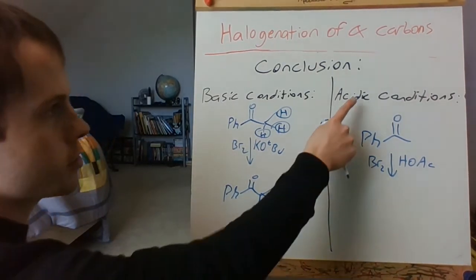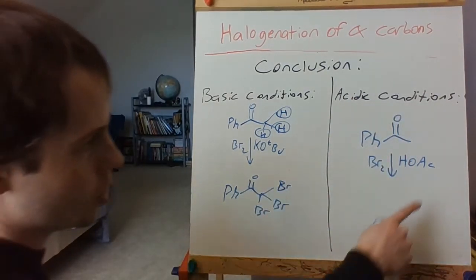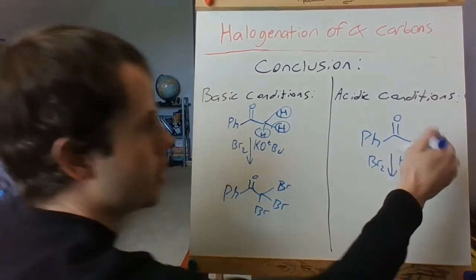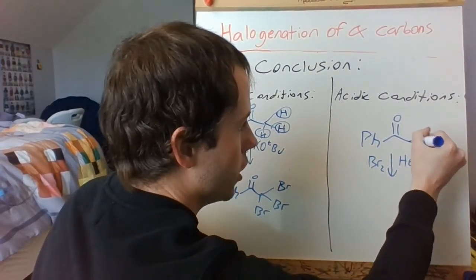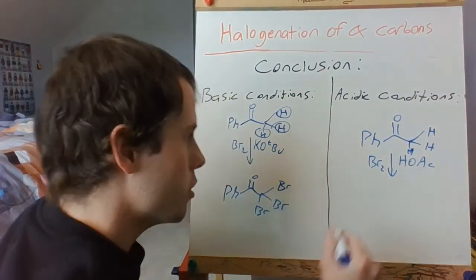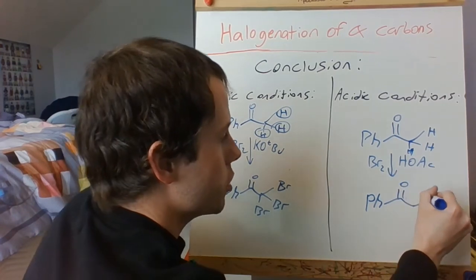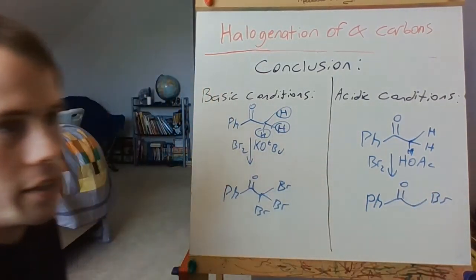Under acidic conditions we only get monohalogenation, and so we have acetic acid shown here. That means we replace only one of these alpha hydrogens with a halogen, so our final product from this reaction would be the addition of a single bromine.